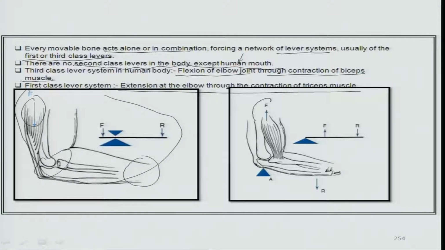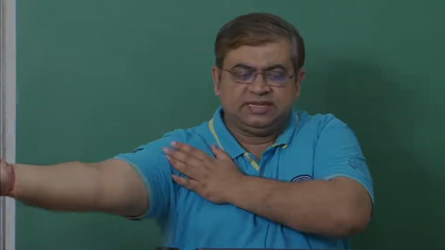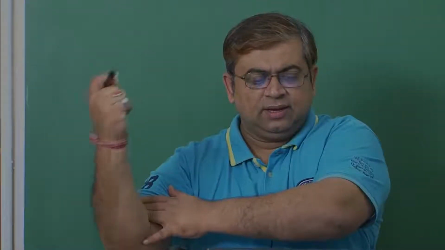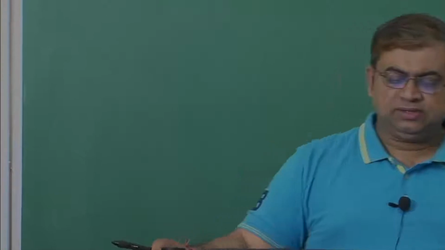Similarly, the force is in the other direction altogether, and there is a fulcrum point here which is leading to a resistance in the other direction. So, in one case you are lifting or flexing, in another case you are extending. So, extension is the first class system, and the third class system is basically flexion of the elbow joint. So, this is how you understand joint mechanics.